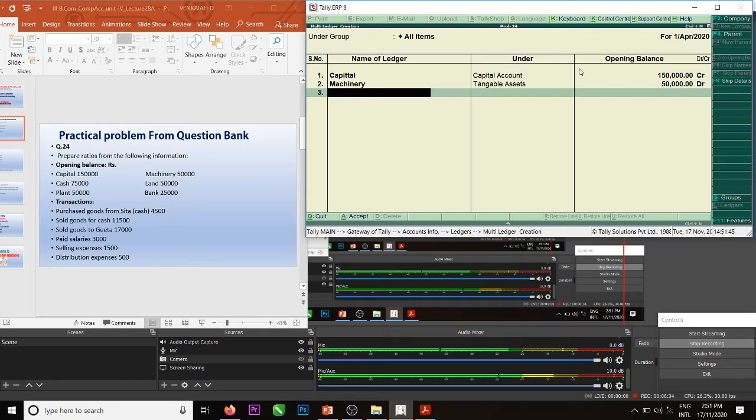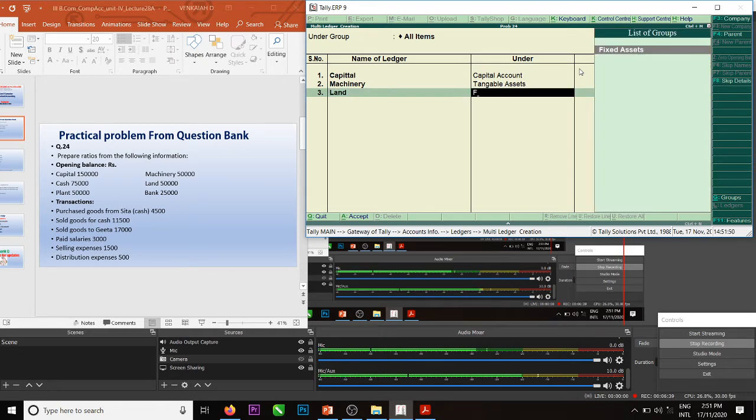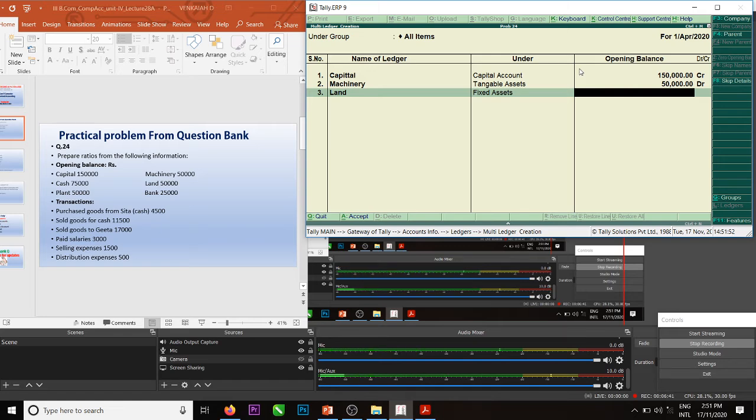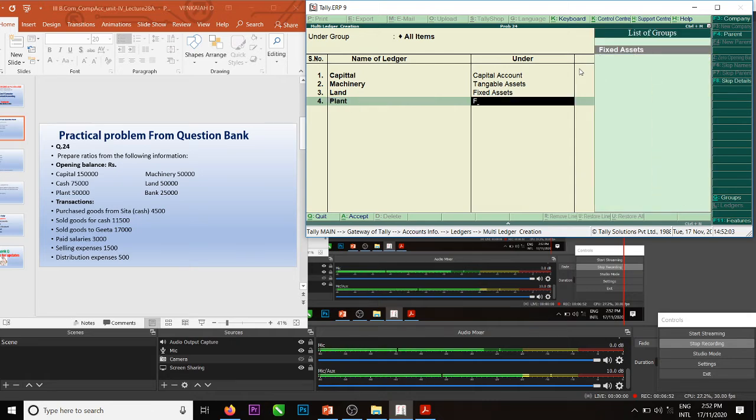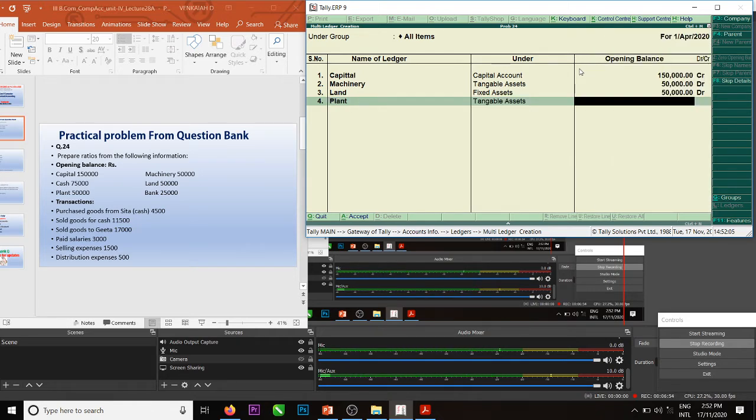Cash we will take later. Land, under fixed assets, 50,000. Land, tangible assets. The tangible assets group is created by us.